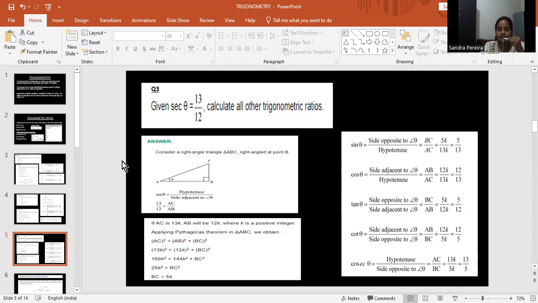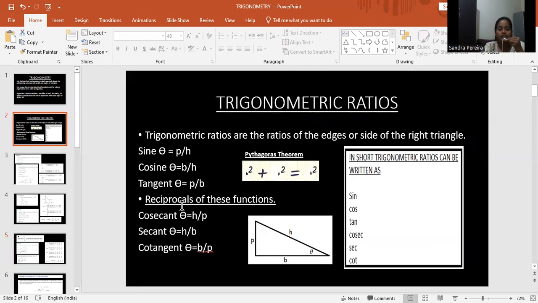I will summarize these things. The six trigonometric ratios we used here are sine theta, cos theta, tan theta, cosec theta, sec theta, cot theta. Pandit Badri Prasad Hari Hari Bol, that is P by H, B by H, P by B, like that.